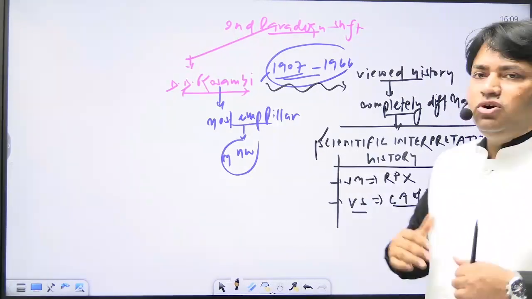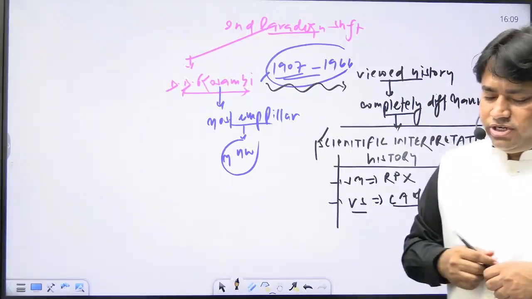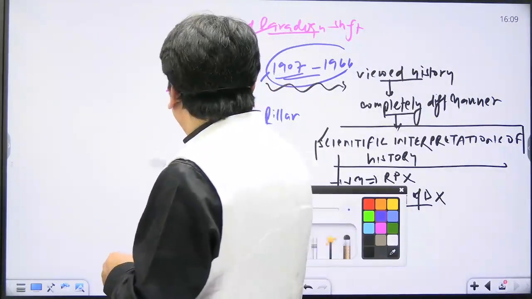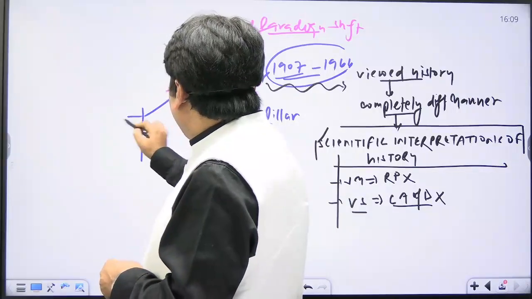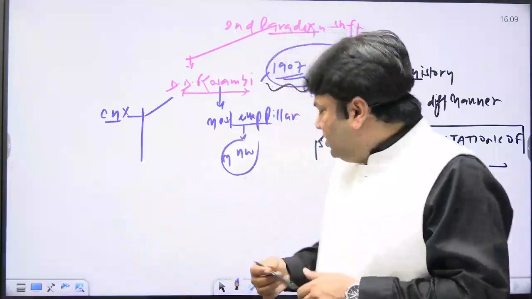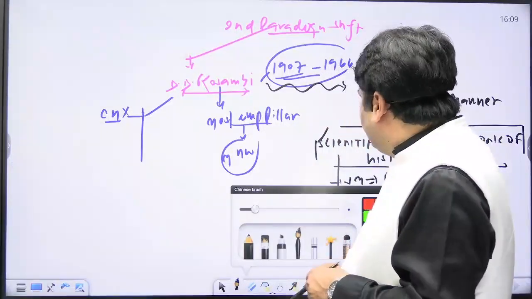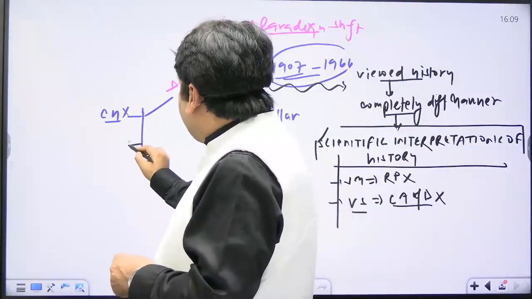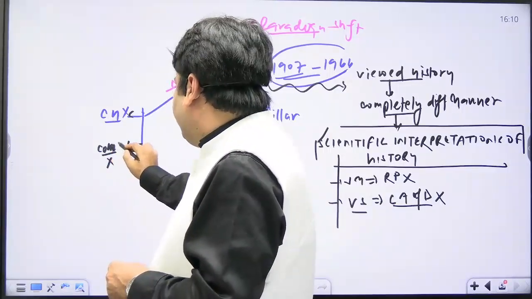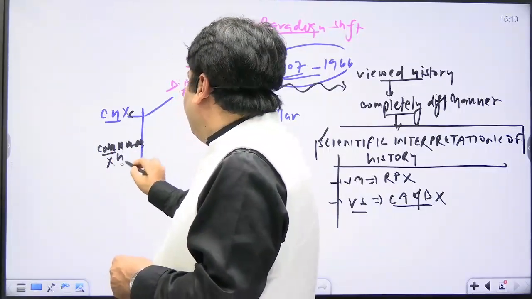This method was also refuted by D.D. Kaushambi, and he also rejected colonial historiography. He rejected the method and the claims of this approach of colonial historiography, and at the same time he is also rejecting communal historiography, colonial historiography and communal historiography.